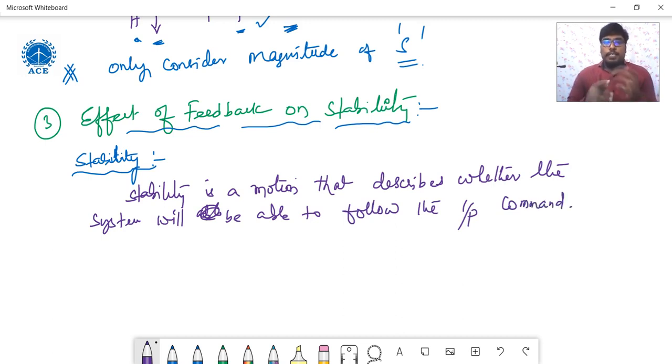Okay, stability is a notion that describes whether the system will be able to follow the input command or not.